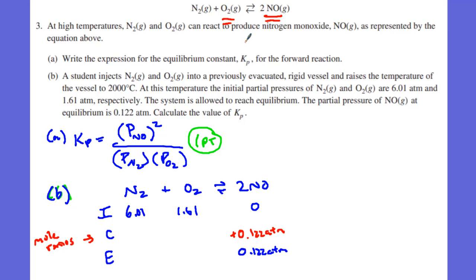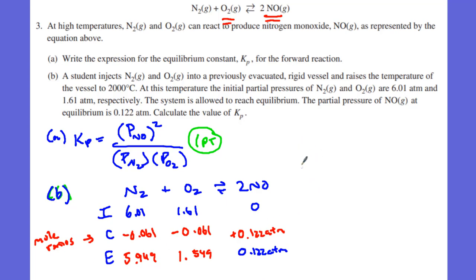So we're taking 0.122, we're dividing by 2, which means we're going down by 0.061, and we're going down by 0.061. So we have 6.01 minus 0.061, and we get 5.949 atmospheres at equilibrium here. We have 1.61 minus 0.061, and we get 1.549 atmospheres here.